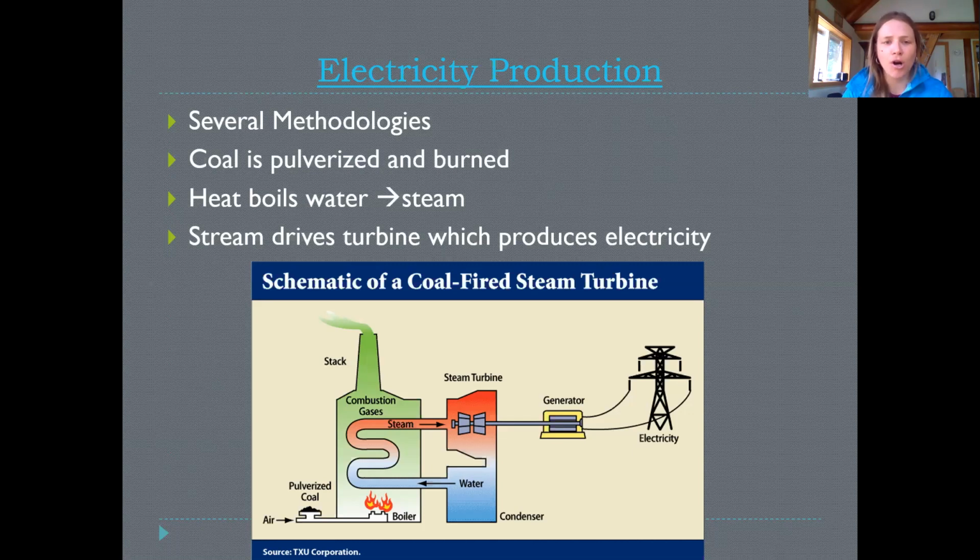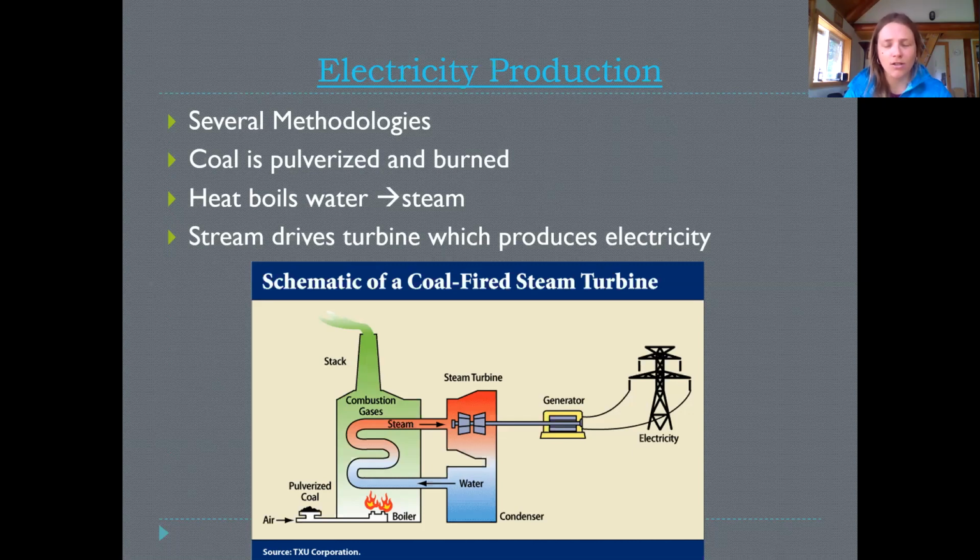And as it's burned in a boiler, which you can see in this diagram at the bottom, the energy that was contained in the coal is being released through this combustion reaction, where we're taking oxygen and some heat, and then burning the carbon compounds in the coal. And that energy is boiling water. The water is evaporating as steam, and it moves up through pipes, and then that steam, as it moves, turns a turbine, which turns a generator.